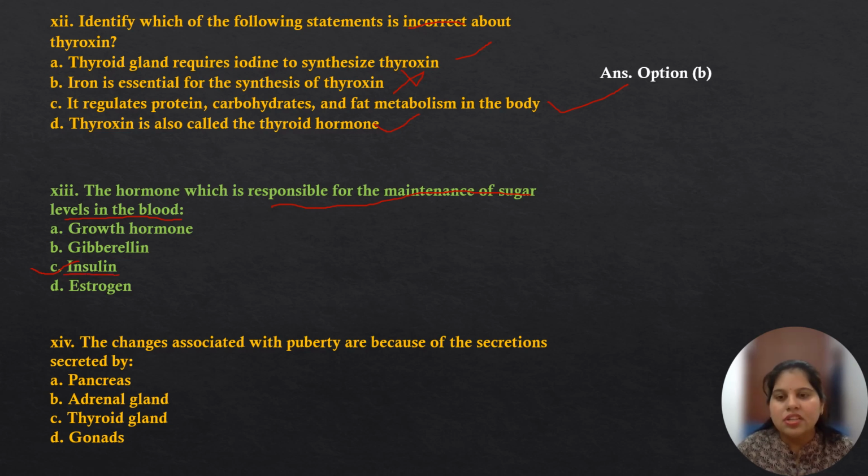Next is, the changes associated with puberty are because of the secretions secreted by... Secretions means the hormones secreted by gonads. Gonads include ovaries in female and testes in male. So in this, your answer D will be the correct one.